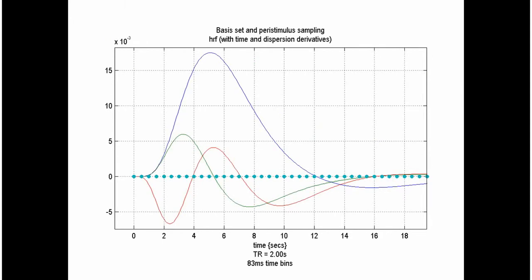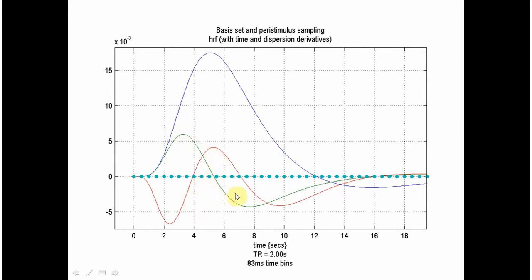This is a smooth shape of the functions. In blue it is canonical hemodynamic response, and in green and red two derivatives, time and dispersion.